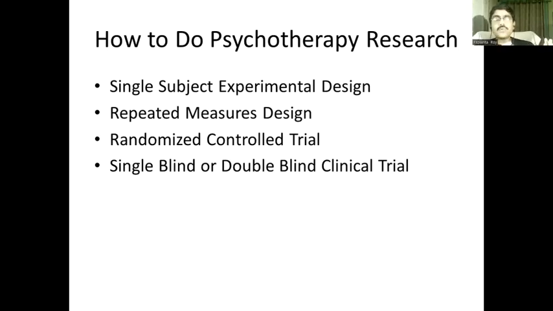So one group will get hypnotherapy for a number of sessions, and another group will get CBT for a number of sessions. Equal number of sessions should be there. And after having those sessions, we'll also need to get the outcome score, and we'll compare both groups, whether there is any difference in the outcome score between these two. That is randomized control trial.